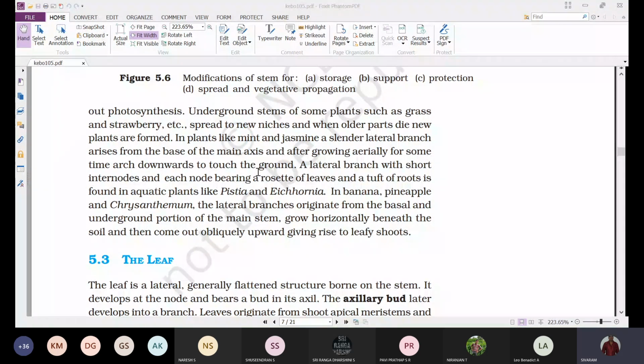From the underground stem, small branches will develop, and these branches will grow in an inclined manner. Because it is developed from the underground stem, this branch initially develops in the soil and later becomes aerial.